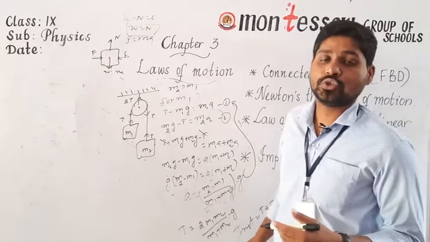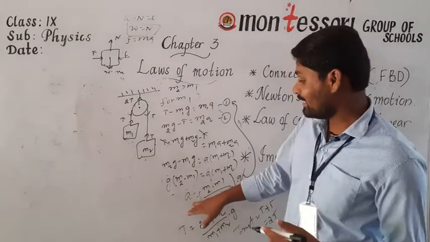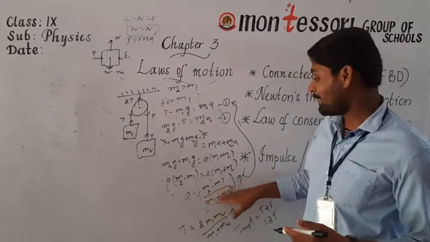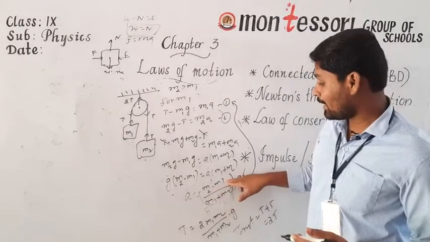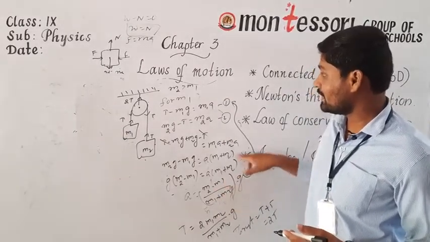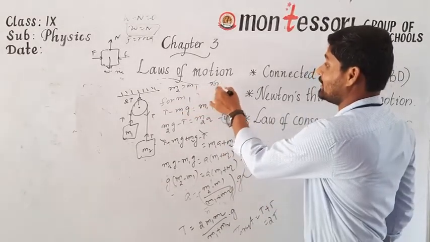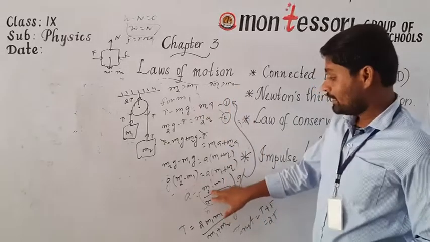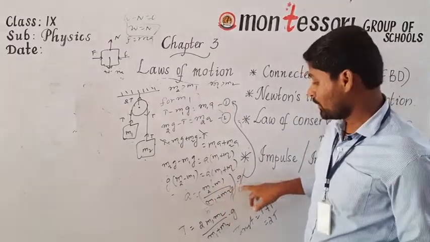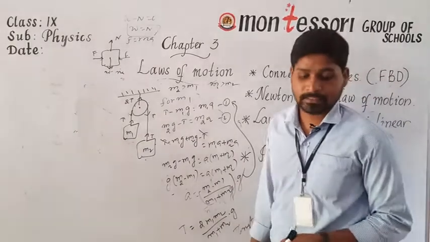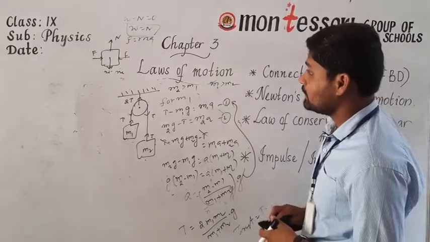Total thrust is 2T, tension is 2 M1 M2 by M1 plus M2 into G, acceleration is M2 minus M1 by M1 plus M2 into G, in case M2 is greater than M1. In case M1 is greater than M2, it is M1 minus M2 by M1 plus M2 into G. Is it clear? Like this we can find the acceleration.